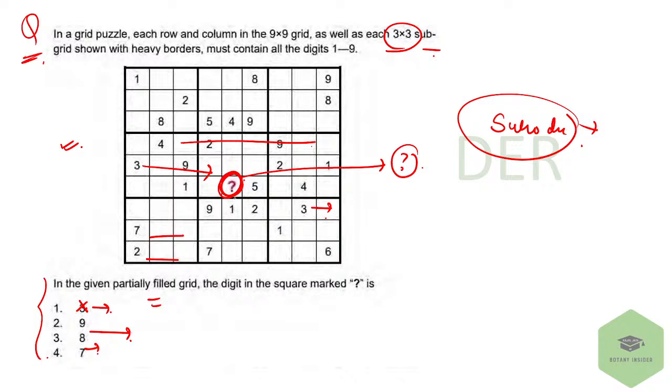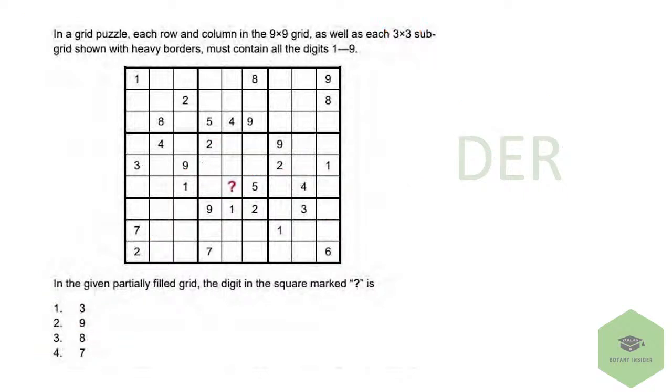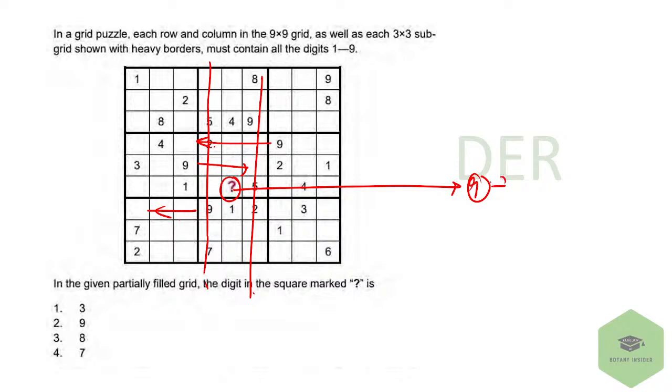Then the same goes for 8 as well. If you look into 9, so 9 is available in almost all the lines except for the one which we have to find. See over here, 9 is available in this line, it is available in this line, it is there in this line as well, then in this line also, and this line also. So if you observe it carefully and analyze properly, over here 9 can possibly be present, right?